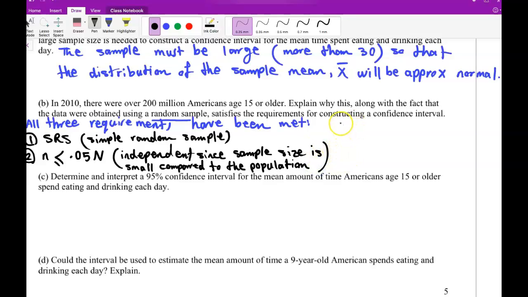Okay, then number 3, n, which is our sample size 1001, is greater than 30. Remember that for all of these, n is 1001, sample size, and population size is 200 million.